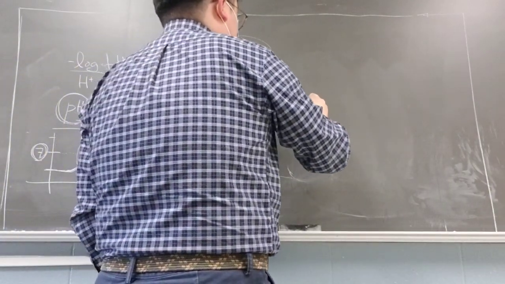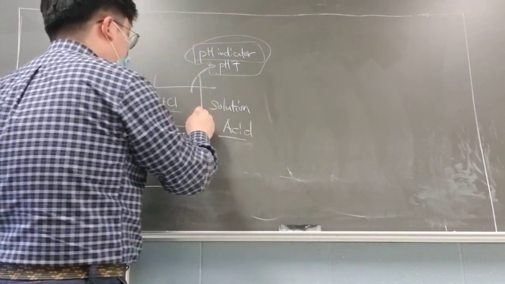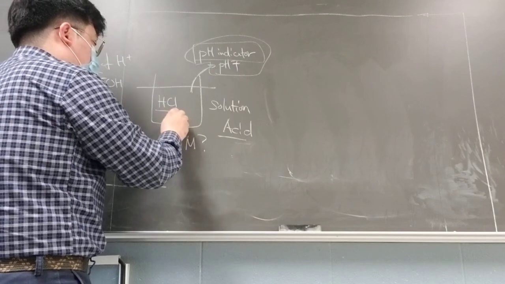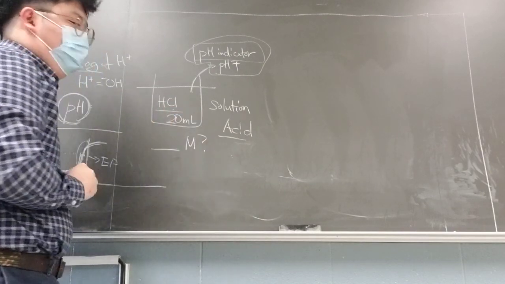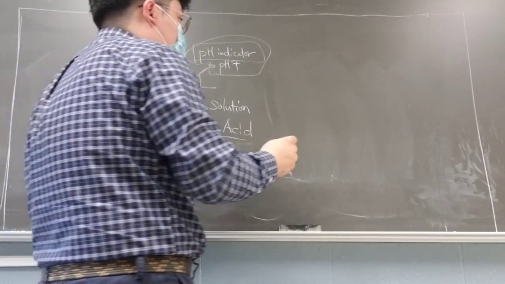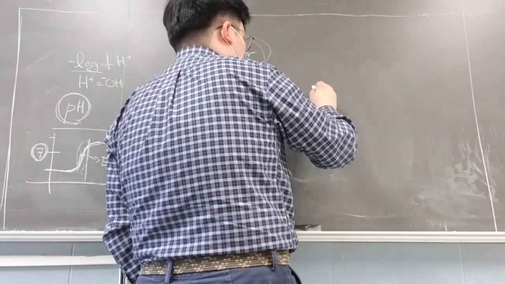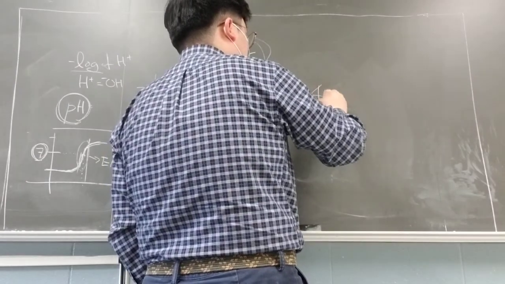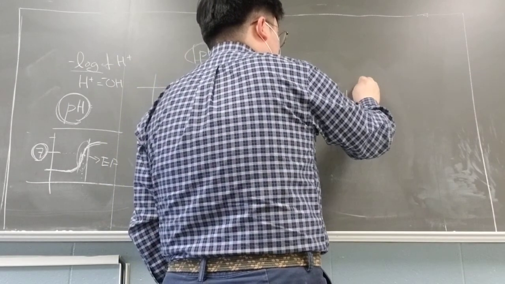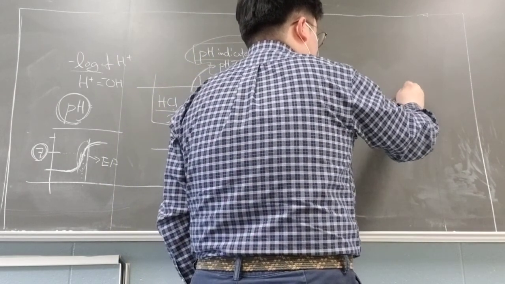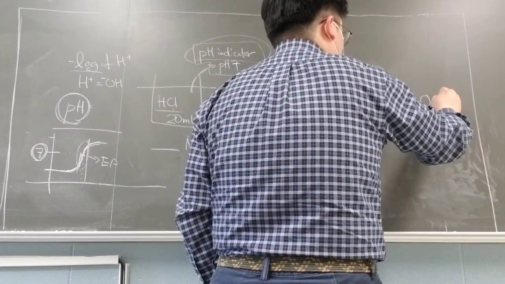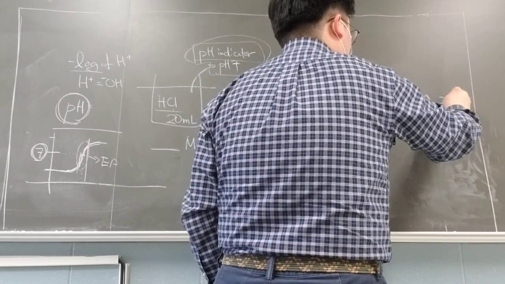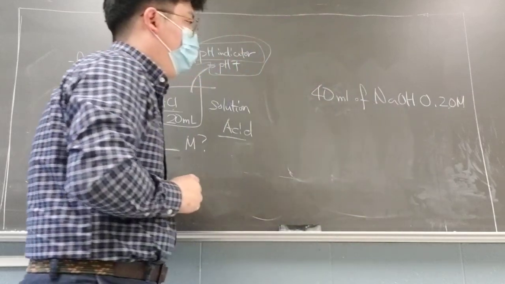So for example, say the initial volume of this one was maybe 20 milliliters, okay? And then we add, let's say, 40 mils of NaOH, about 0.02 molar concentrated, okay?